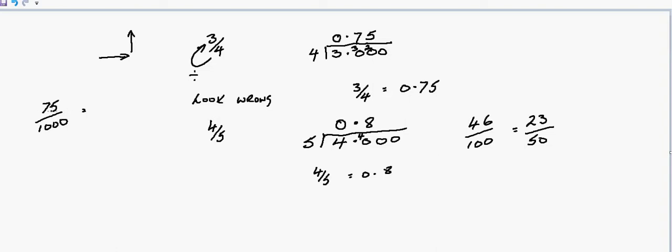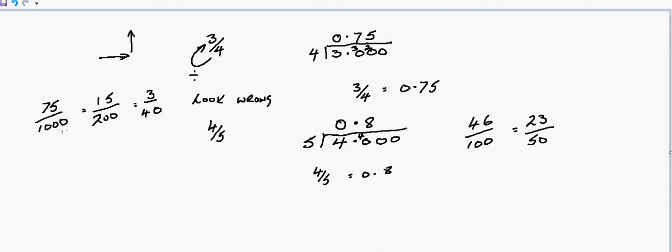So 5 into 75 is 15, and 5 into 1,000 would be 200. And again I can see 5 and 0, so I can divide by 5 again. So 5 into 15 goes 3, and 5 into 200 goes 40.